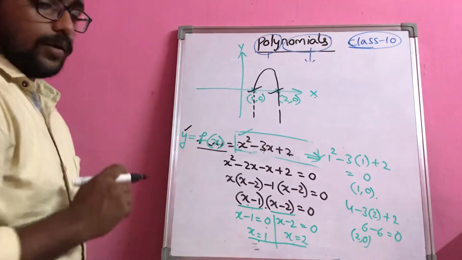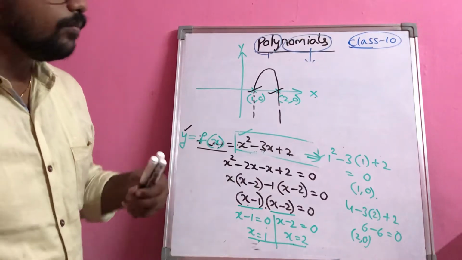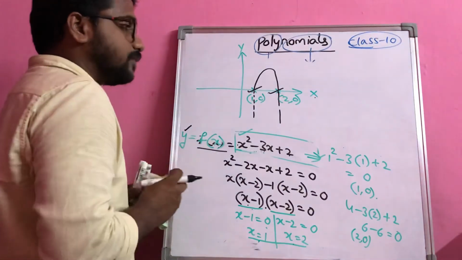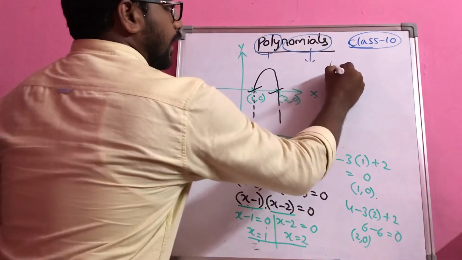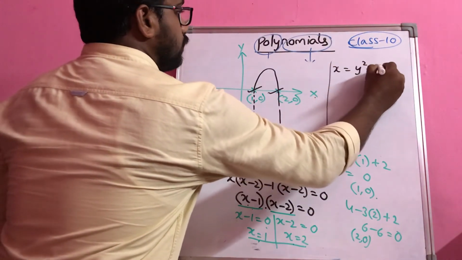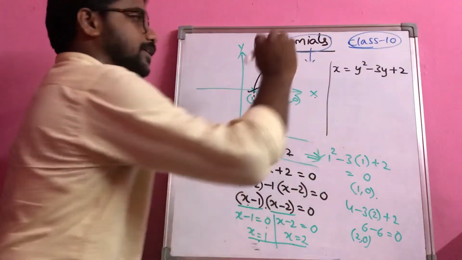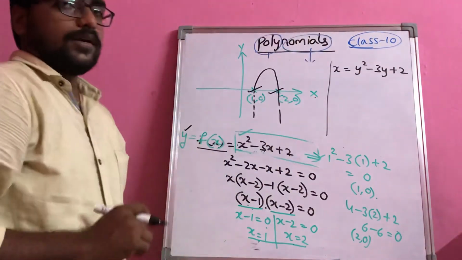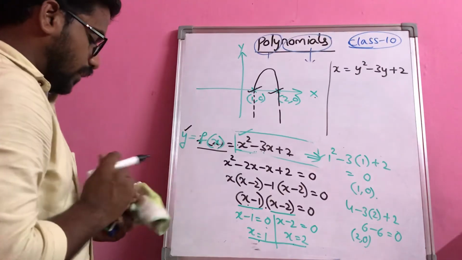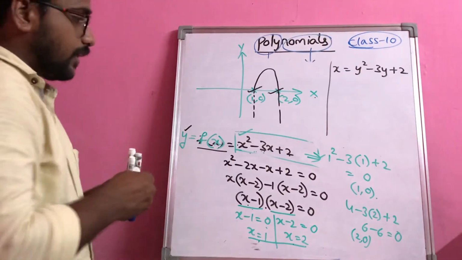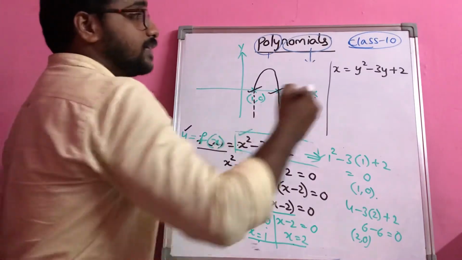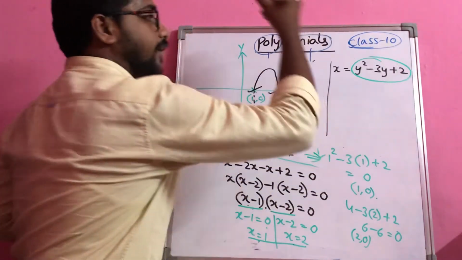I will give you one more small example, then you will get more clarity. For example, instead of this, if I give you x is equal to y square minus 3y plus 2, let us say. If you observe one small thing here, previously I gave x as the variable, whereas here y is my variable.